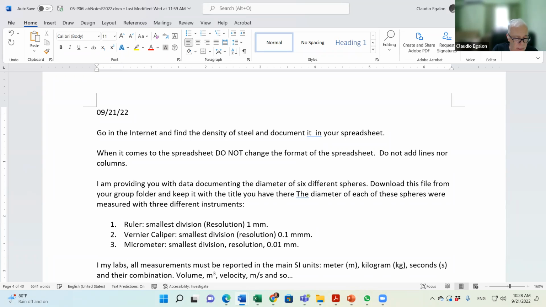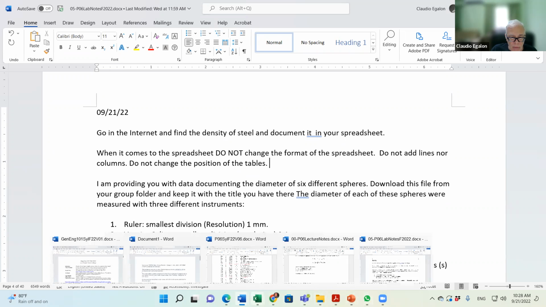Please do not change the position of the tables. I will be using that specific format to grade your spreadsheet.